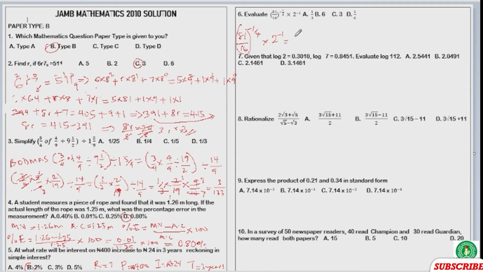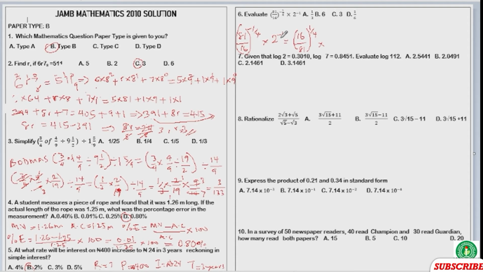So this is open bracket 16 over 81, all raised to the power 1 over 4. I've removed the minus here because I've already changed the fraction, and the denominator has become the numerator.